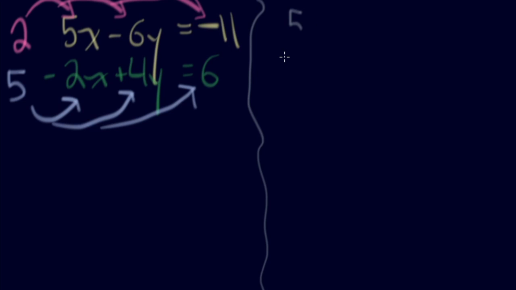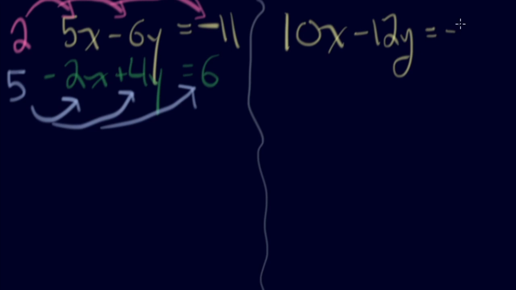I'm going to have 10x minus 12y equals negative 22. And in my other equation, I'm going to have negative 10x plus 20y is equal to 30.